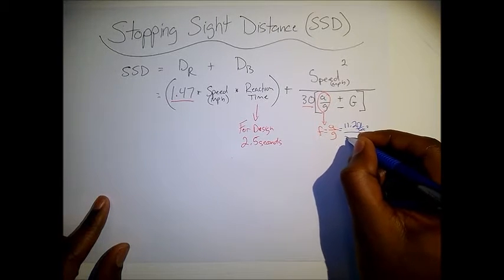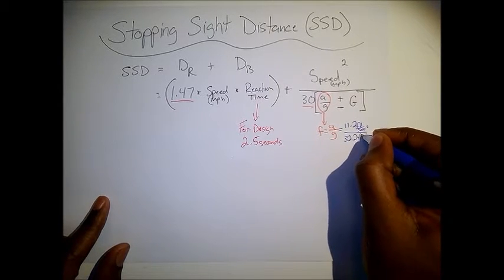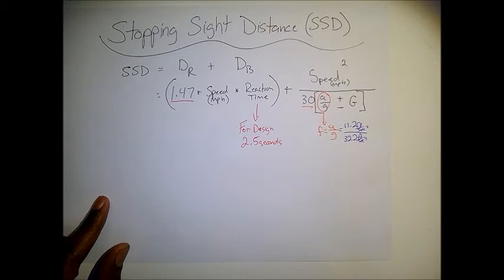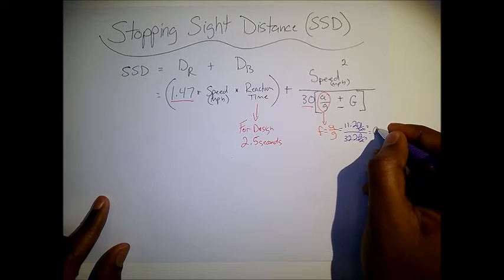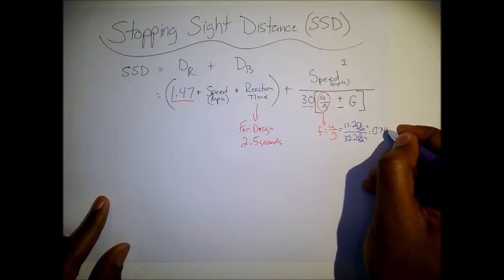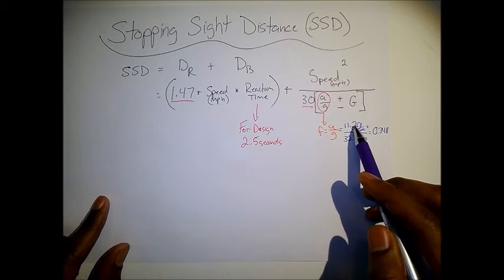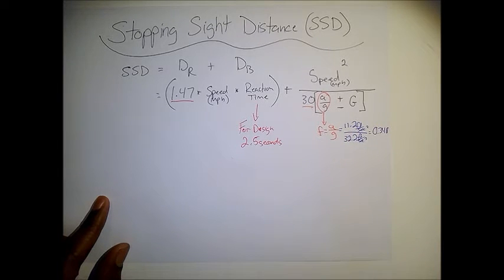And then, of course, gravity is 32.2 feet per second squared. What that all equates to is 0.348. Assuming that remains the same, and of course that's always going to remain the same.